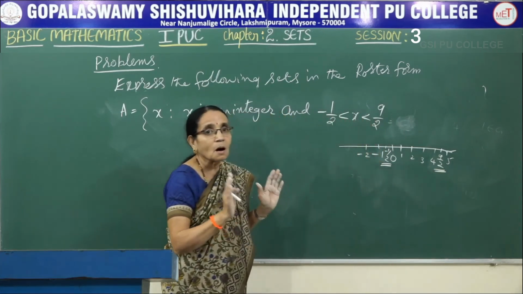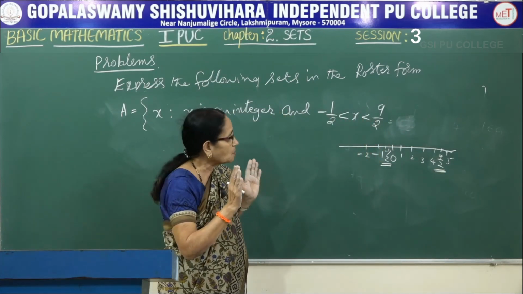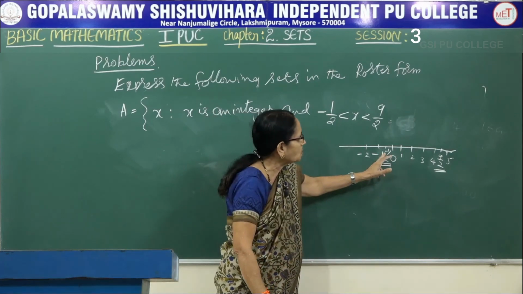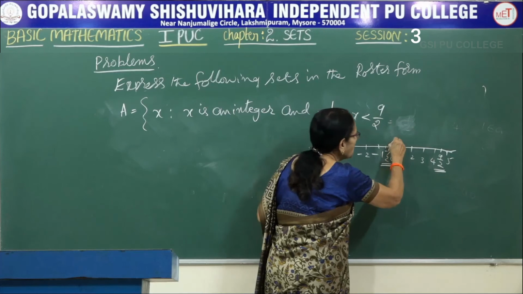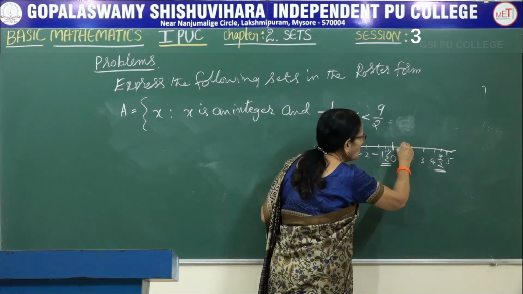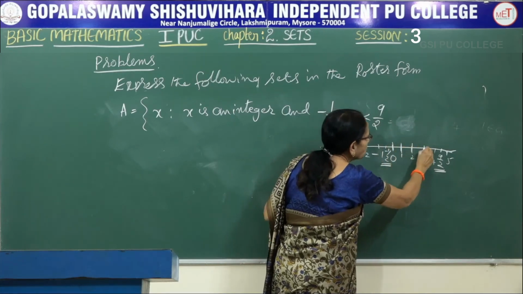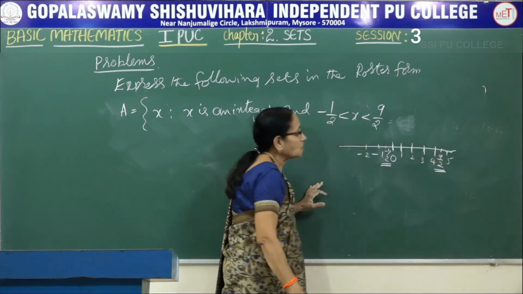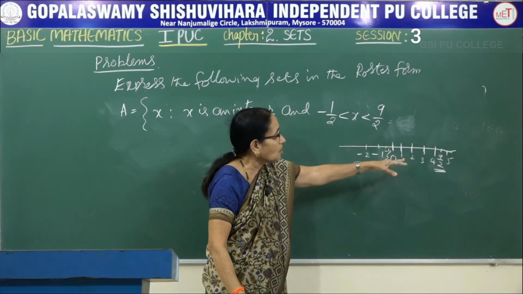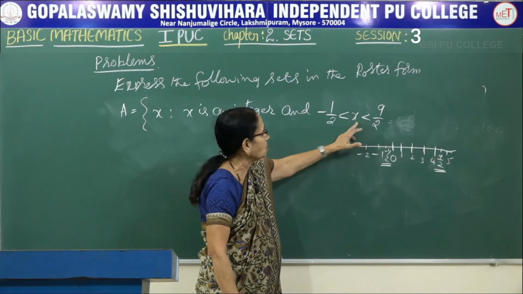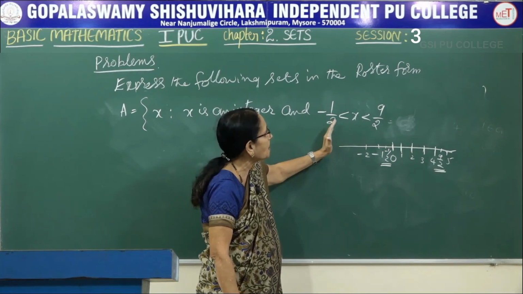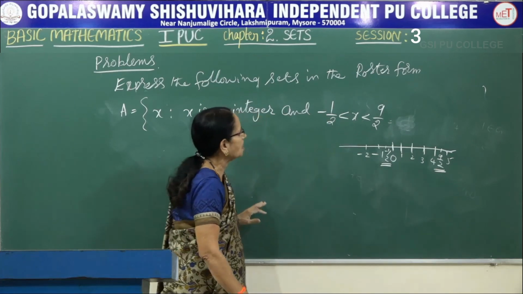You have to consider all those integers which are present between minus 1 by 2 or minus half and plus 9 by 2. What are they? First one is 0, second one 1, 2, 3 and 4. Because if you write 5, it crosses 9 by 2, it will be more than that. And strict inequality we are having, so it should be strictly lying between minus half and plus 9 by 2.